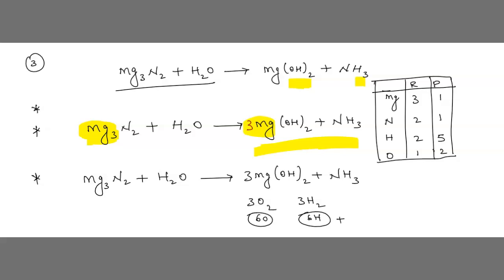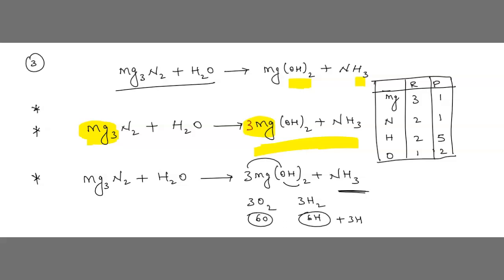Plus how many H do we have here? 3H. From this we have written 3O plus this 2O. Correct, no? 3O plus 2O, that is nothing but 6O.